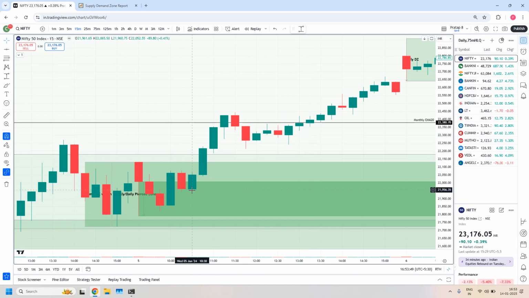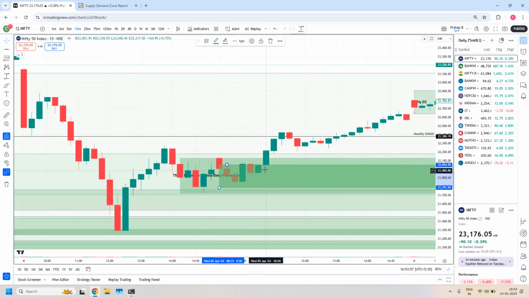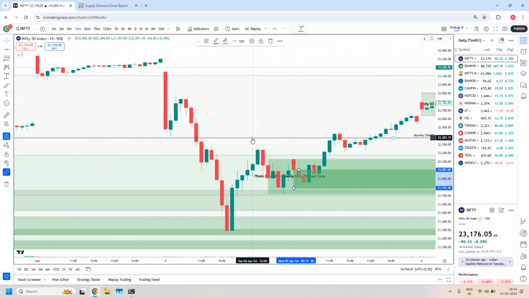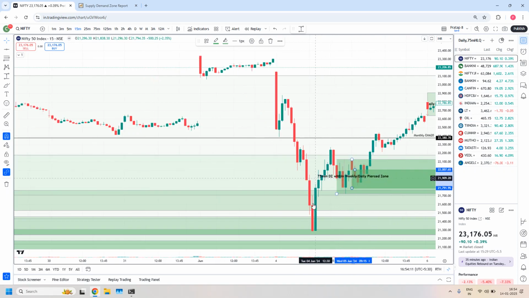If any 5-minute zone is there that comes under this area, at that time we can draw. If I draw wick to wick, we can see up to these candles. Let us see. This is within the newly created zone, inside the pierced zone. This is a 75-minute zone created inside the pierced daily zone. This daily zone, of course, weekly zone also.